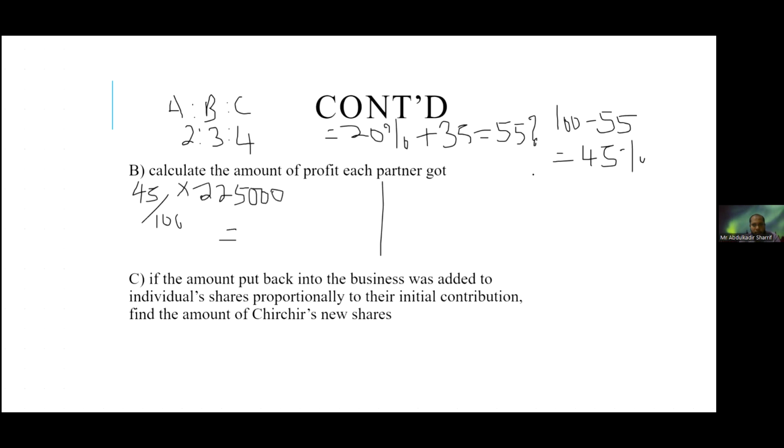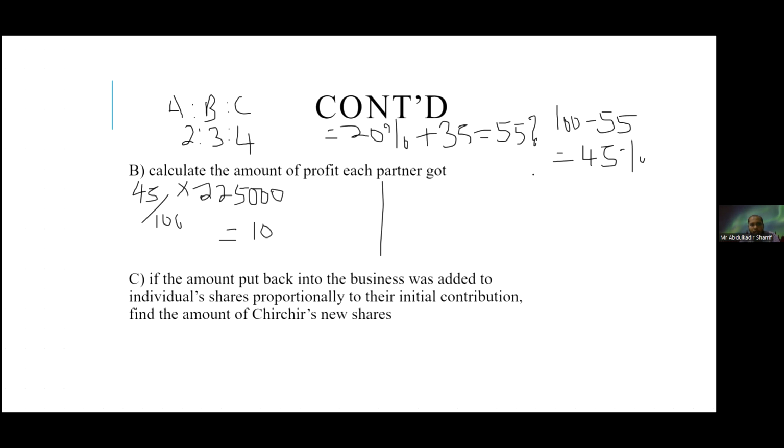Remember, tuko na 100 minus 55 tutapata 45. Tukachukua hiyo 45% tukamultiply na 225. So what's this 45% of 225,000? Is 101,250. So this one was shared between the 3.